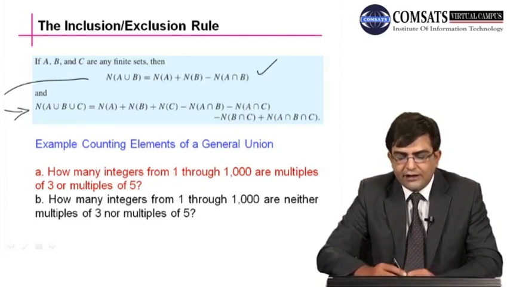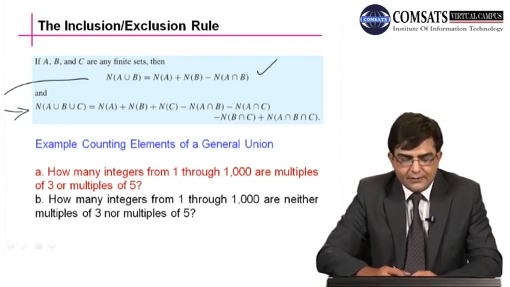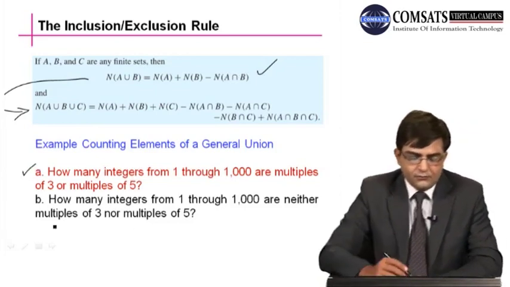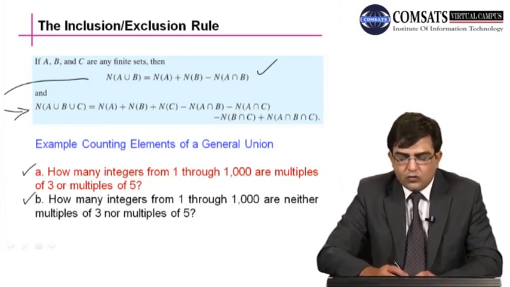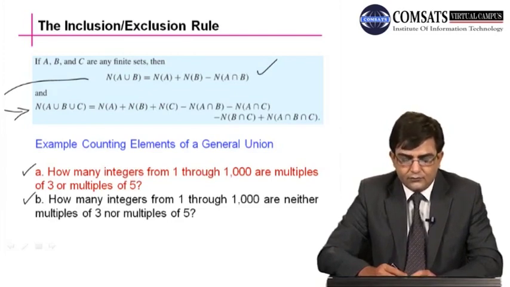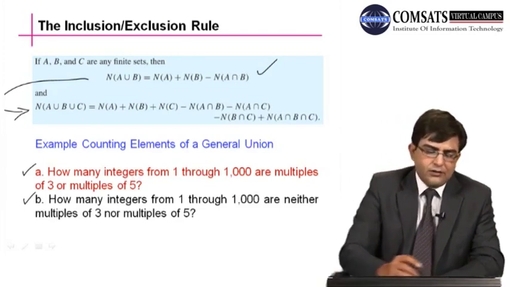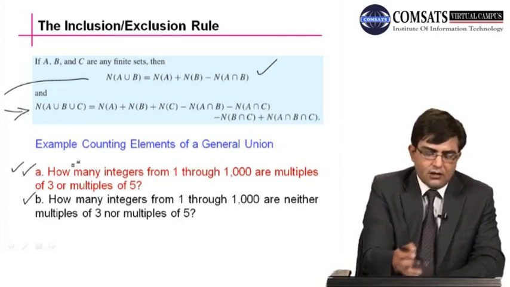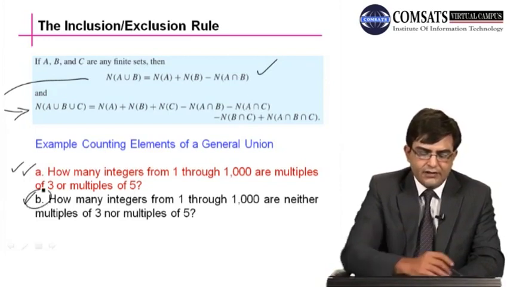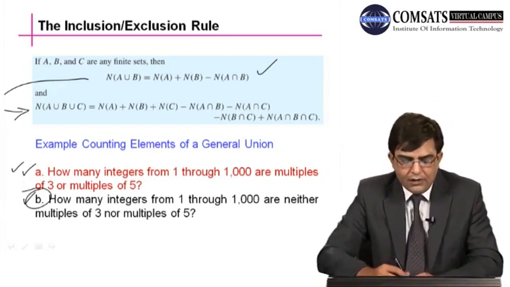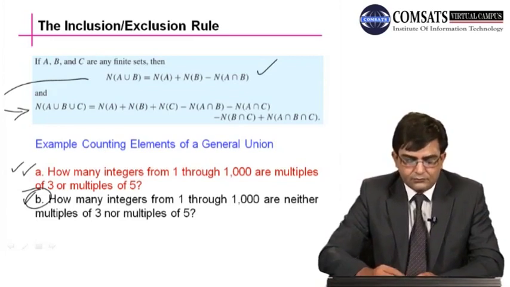So now we have to divide this into subsets, and then we shall calculate the number of integers in part A. And in part B, we have to calculate how many integers from 1 to 1000 are neither multiple of 3 nor multiple of 5. Once we have calculated this, then we shall subtract this number from 1000, and we can calculate the number of integers which are neither multiple of 3 nor multiple of 5.